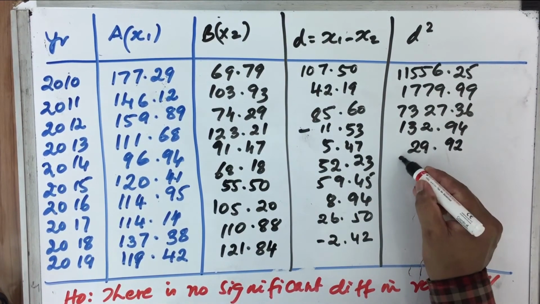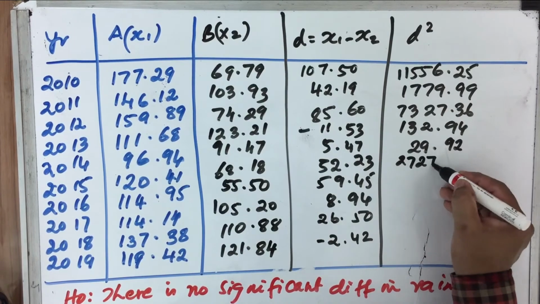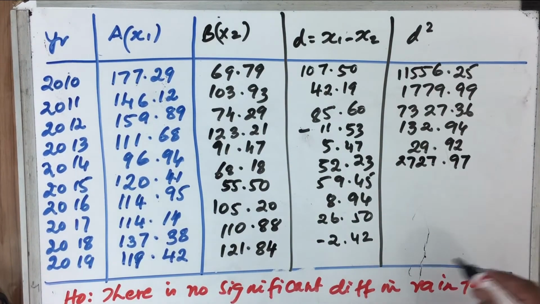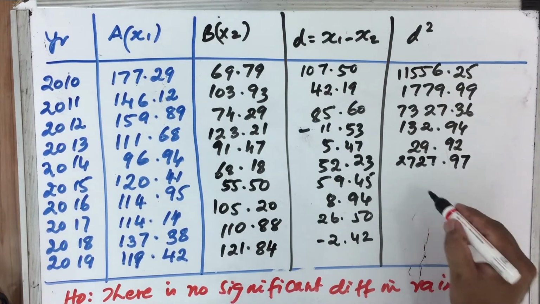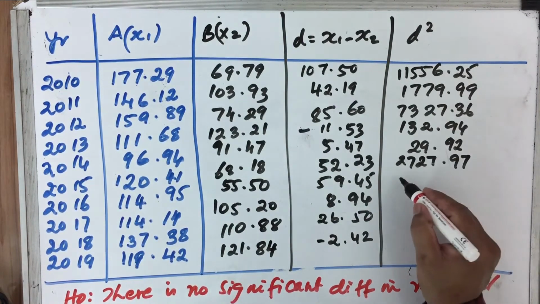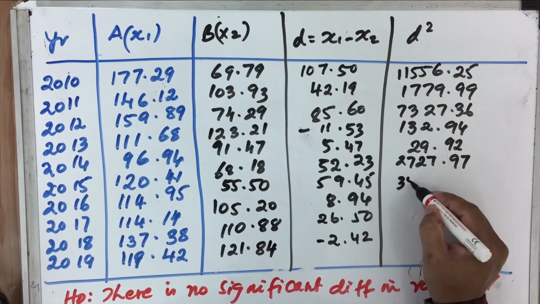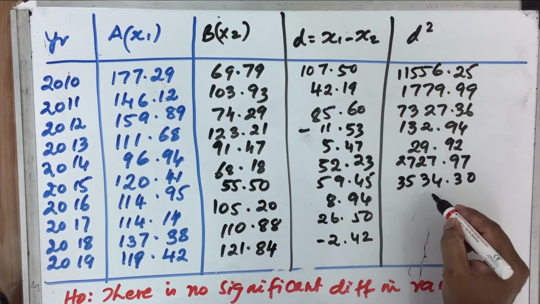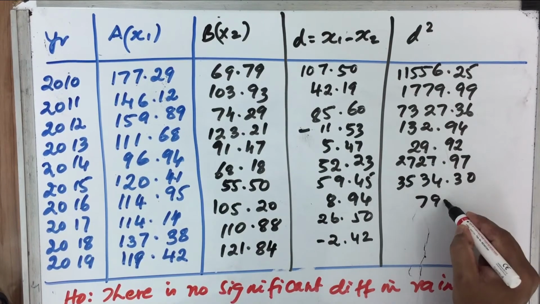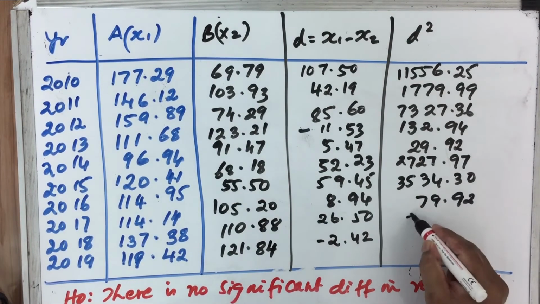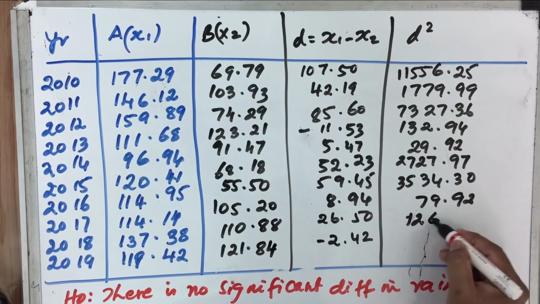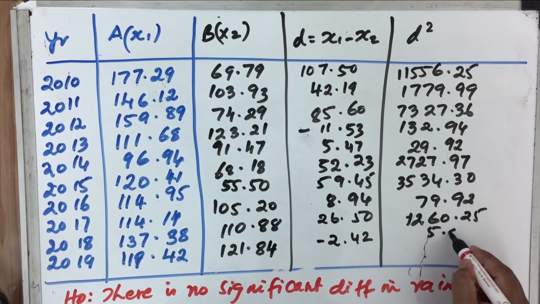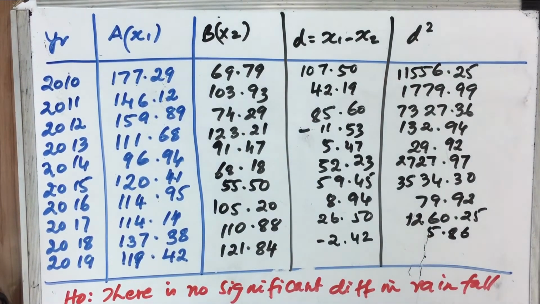This is 2727.97. It would be very ideal to work on a paper with rows and columns. So this is 34.30. This is 79.92, 1260.25, and this is 5.86. So we got the d square also.